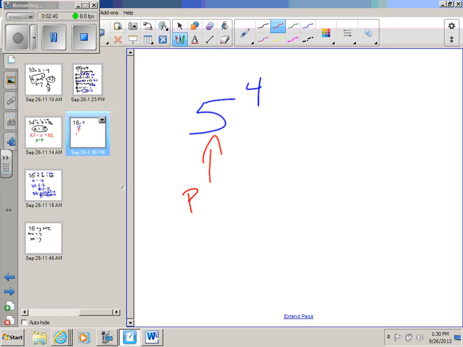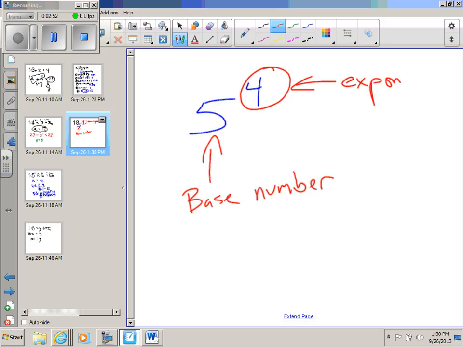Your 5 is what's known as your base number, and the 4 is your exponent. That's the short, concise way of writing it.